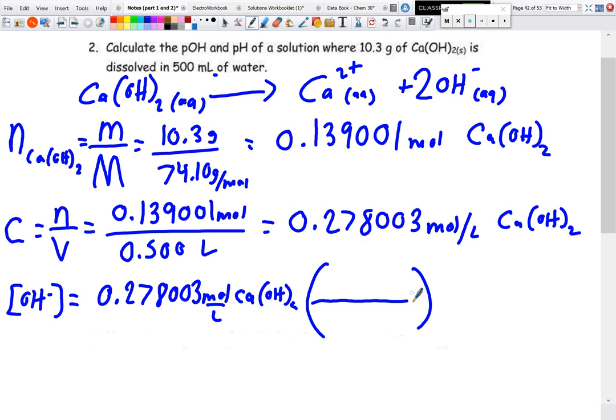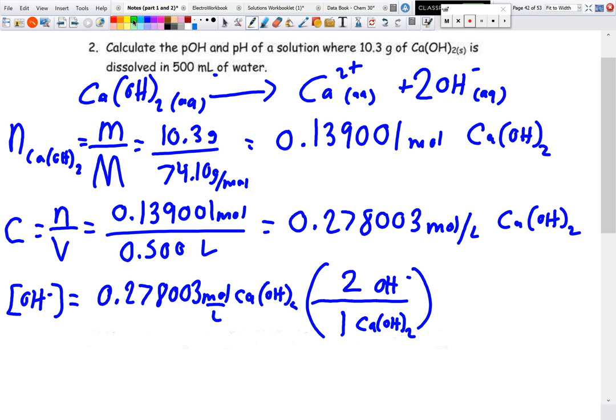Remember, the thing that we want to get rid of is on the bottom of our conversion factor. The thing that we want is on the top. And the numbers that go in front for the conversion factor come from our balanced chemical equation. So the number in front of hydroxide is 2. The number in front of calcium hydroxide is 1.